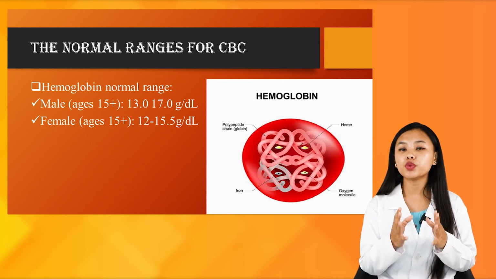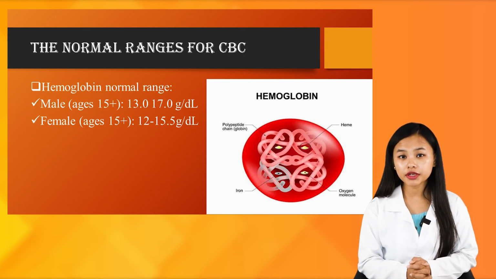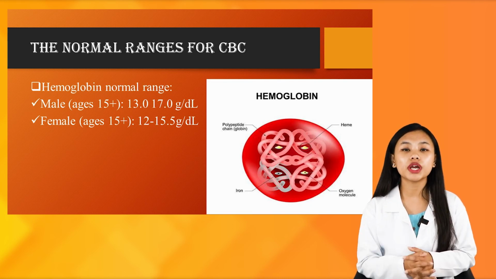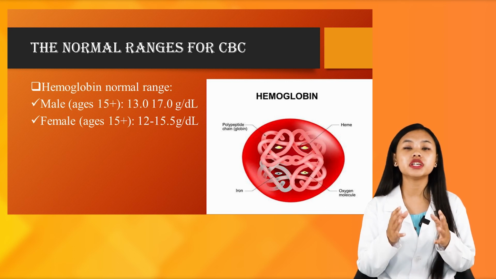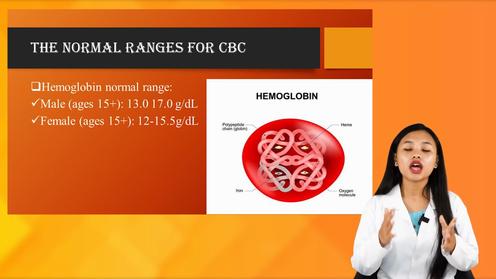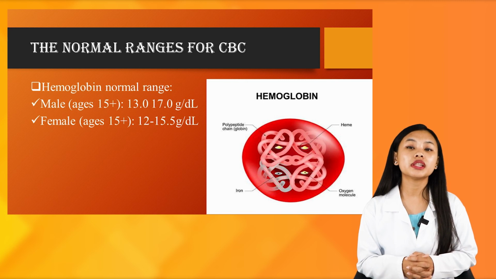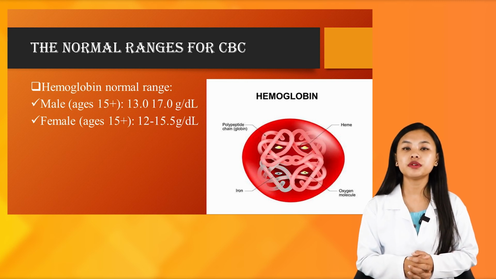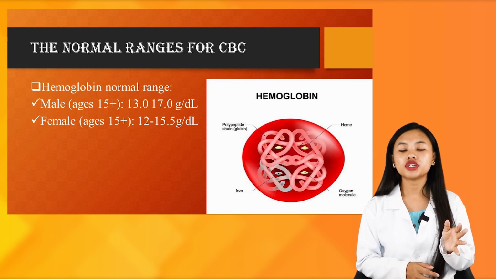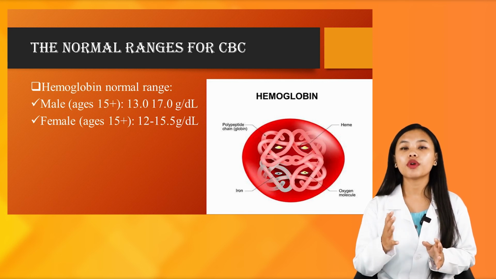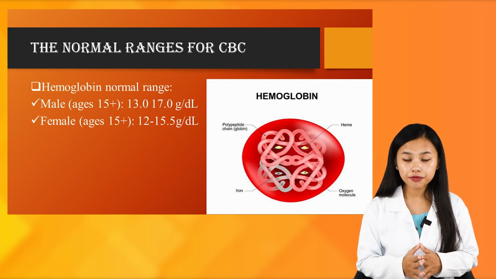So here, when we talk about hemoglobin for a male who is above 15 years of age, their hemoglobin level must be between 13 to 17 grams per deciliter.